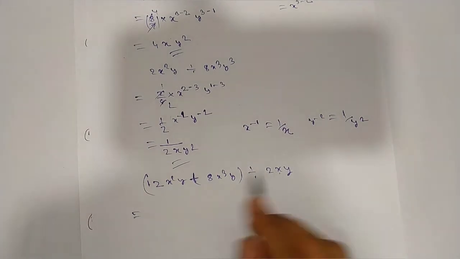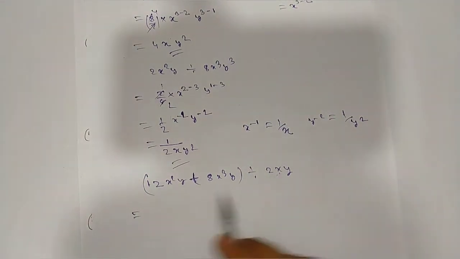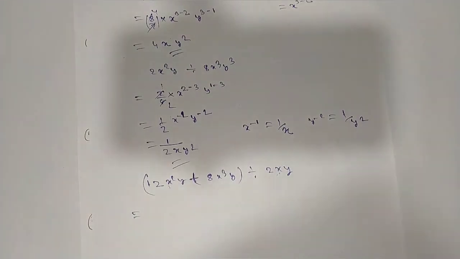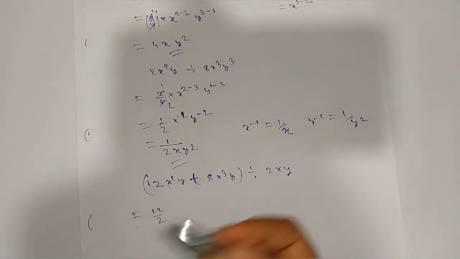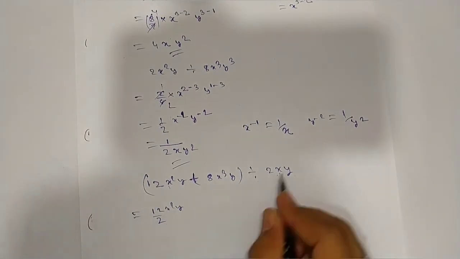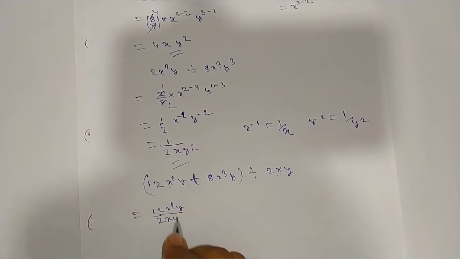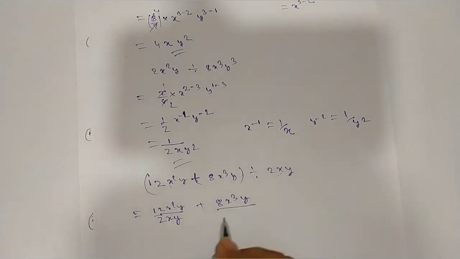We take each term separately, the way we did in multiplication, like the multiplication rule. So you can write it like this: 12x square y by 2xy, plus 8x cube y by 2xy.